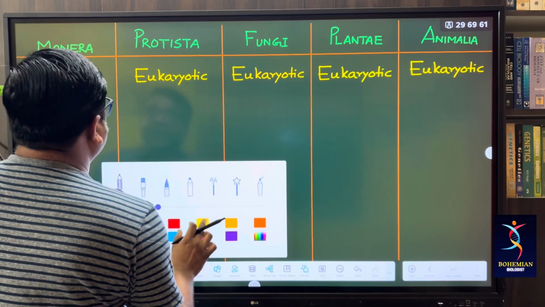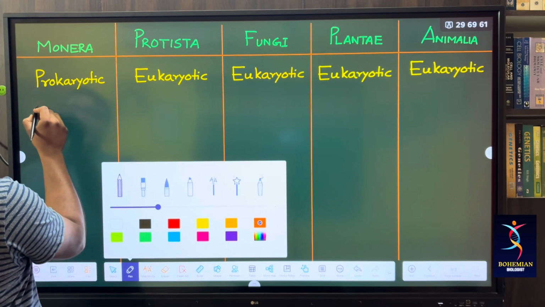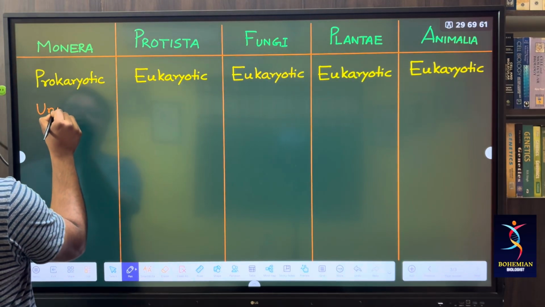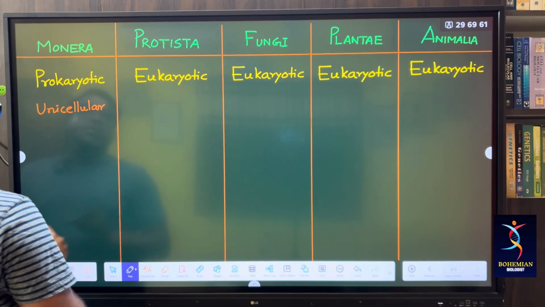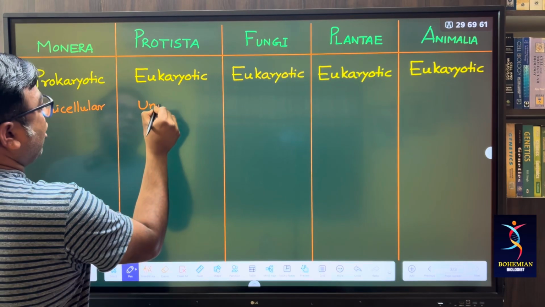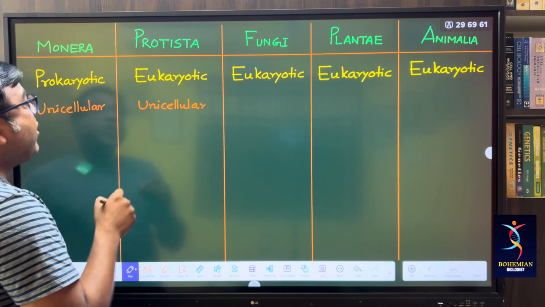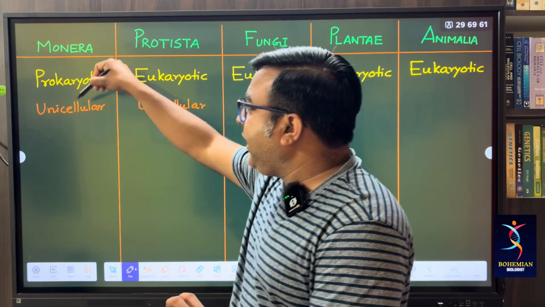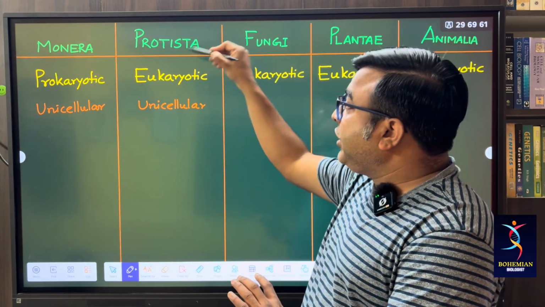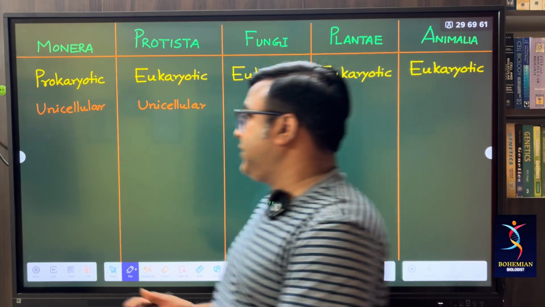The next character is that Monera is unicellular. Protista is also unicellular, but it is eukaryotic. So the difference is that Monera is prokaryotic and unicellular, and Protista is eukaryotic and unicellular. So this is the basic difference.